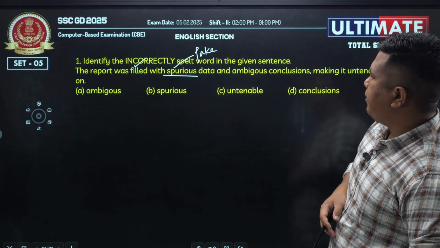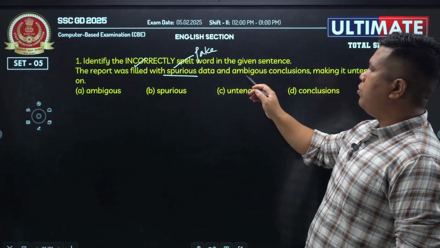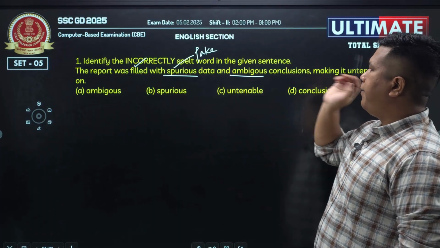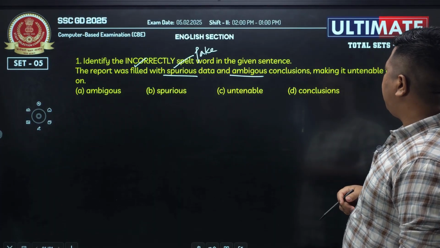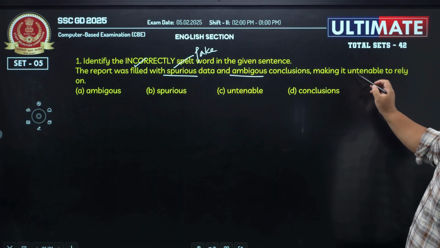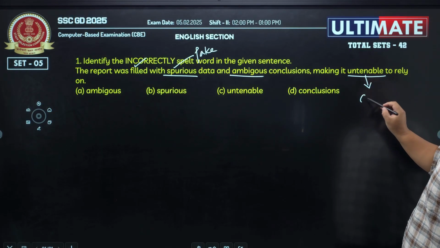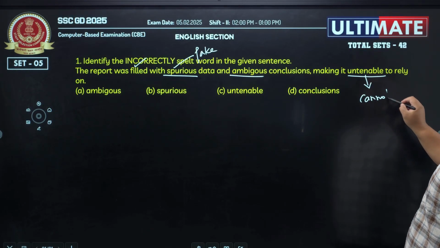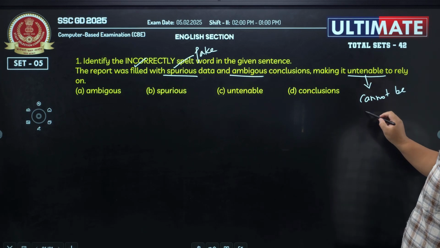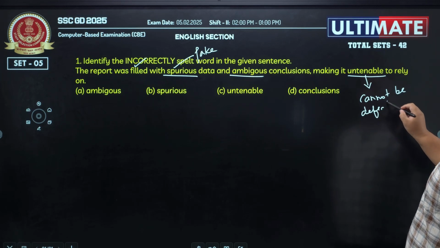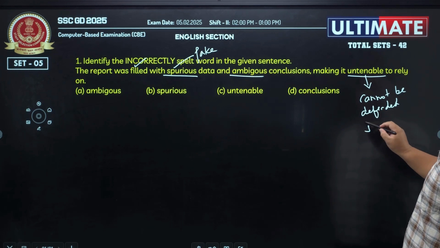Fake data and ambiguous conclusions, making it untenable. Untenable, so cannot be defended. Cannot be defended or cannot be justified.